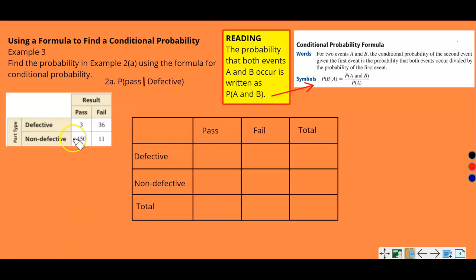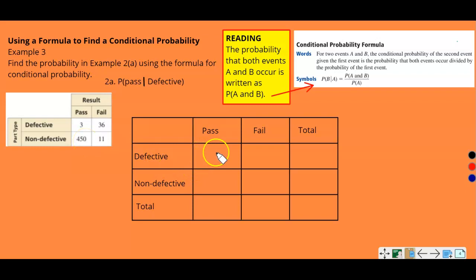All right, so to fill in the table, remember it's going to be a ratio: this number divided by the total. So how many total parts are we looking at? If you add all of these up, 36 and 11 is 47, plus 3 is 50, 50 plus 450 is 500.